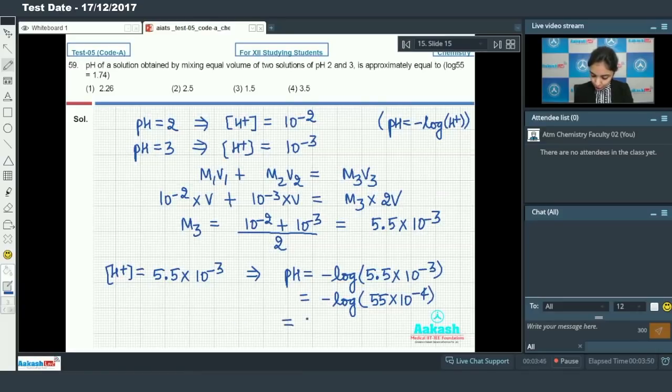So it is equal to minus log of 55 plus 4 log 10. And log 55 की value you have been given in the question, that is 1.74. So it is equal to minus 1.74 plus 4. So the value will be equal to 2.26. So option number 1 will be our correct answer.